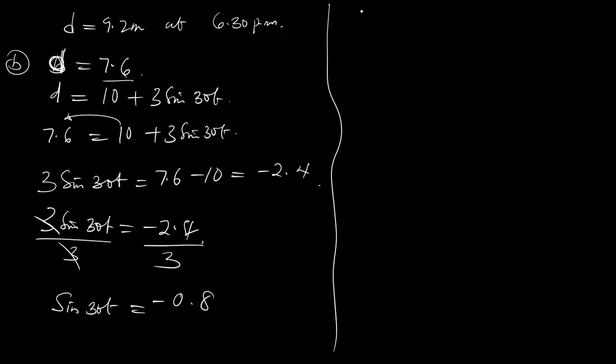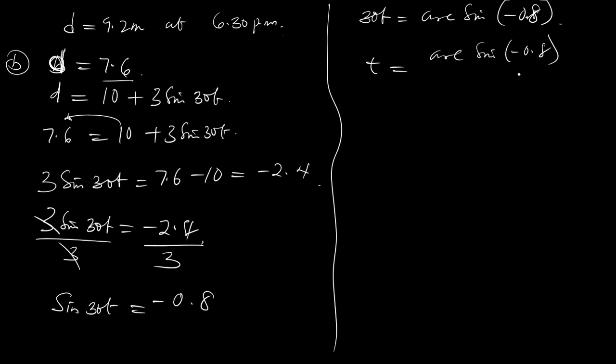Now taking the inverse of sine, 30t equals arc sine of minus 0.8, meaning that the time t will be arc sine of minus 0.8 divided by 30.